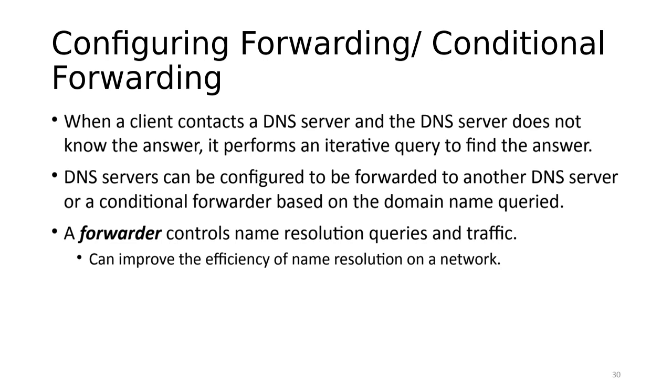A forwarder controls name resolution queries and traffic, and can improve the efficiency of name resolution on a network. So when there is a request for DNS queries, it will forward it to the appropriate location. It's called a forwarder. It will make your network faster and more efficient.